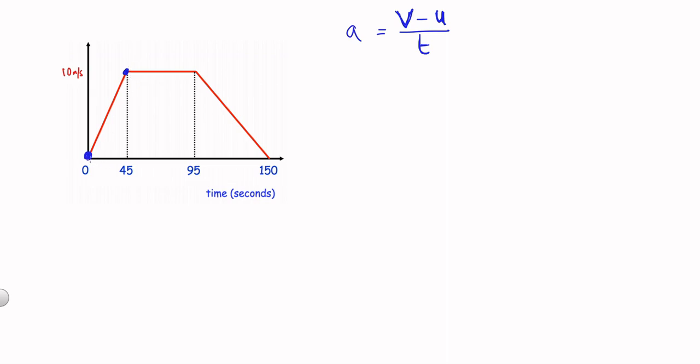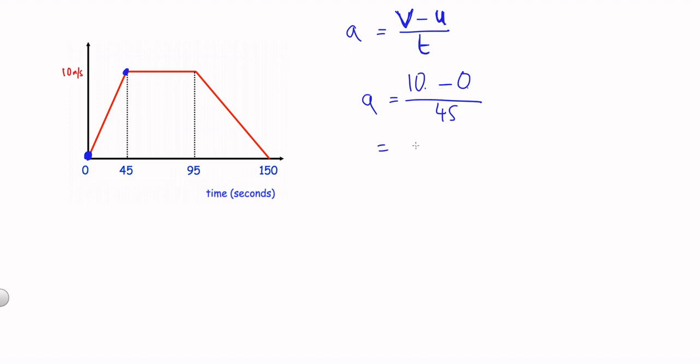Everything happens between 0 and 45 seconds for this calculation. So the final velocity reaches 10, so v is 10. The initial velocity starts at 0 meters per second. And the time it takes to get from 0 meters per second to 10 meters per second is obviously 45 seconds. You can see that there. That gives me the acceleration.